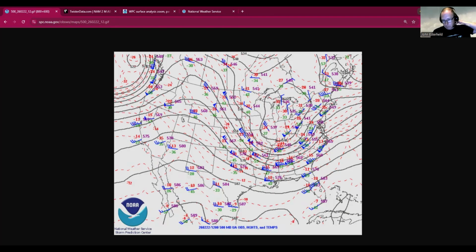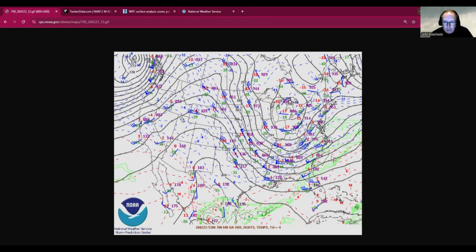And we'll show this in some of the model analyzed data, but there's a really strong vorticity maxima associated with this strong flow. And that vorticity maxima, I believe, is what's playing the biggest role in causing this massive bombogenesis with a major snowstorm on the east coast of the US.